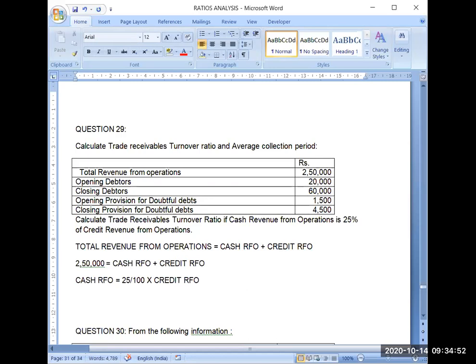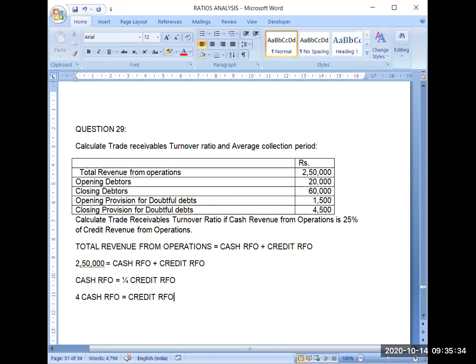So I can make an equation with the help of this. It will be 1 upon 4 credit revenue from operations, and this 4 will be cross multiplied with cash. So it will become 4 cash revenue from operations is equal to credit revenue from operations.